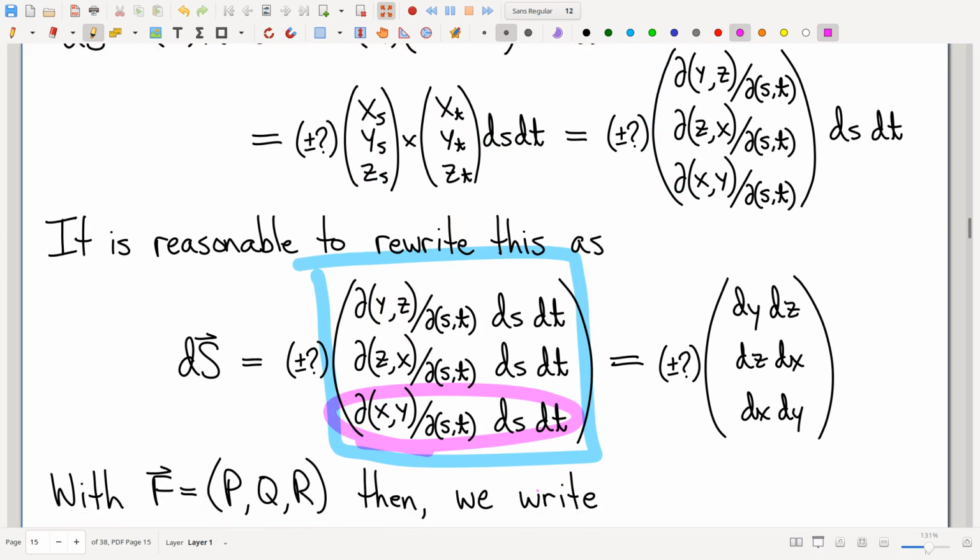And flashing back to chapter 5, when we were doing change of variables, partial xy, partial st times ds dt, we've seen exactly this many a time, right? I mean, lots and lots. And the cringy, nonsensical, but satisfying little cancellation suggests that we really ought to call this dx dy.